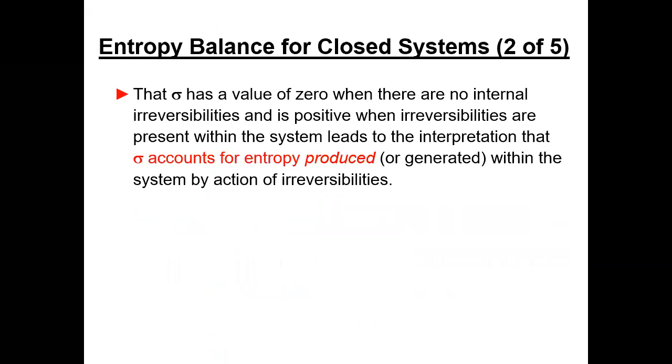Okay, that sigma has a value of 0 when there are no internal irreversibilities, and positive when irreversibilities are present within the system, which leads to the interpretation that sigma accounts for entropy produced. So he's finally, halfway through chapter 6, willing to say that that's entropy production.